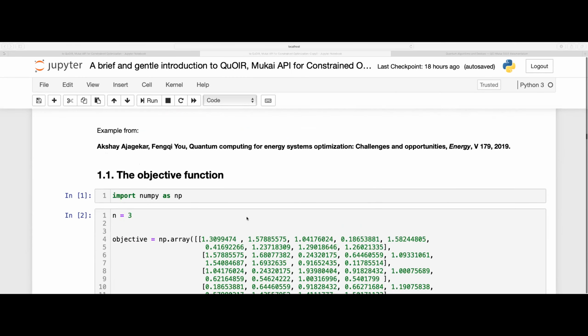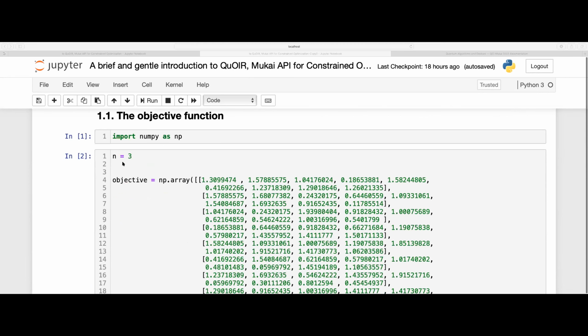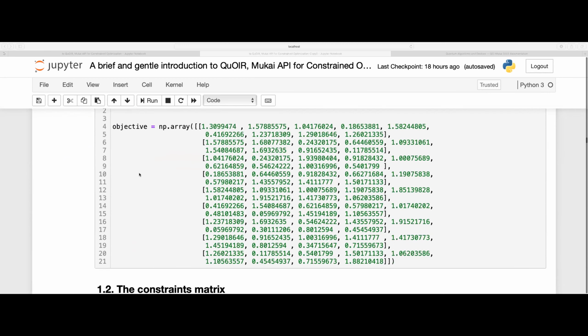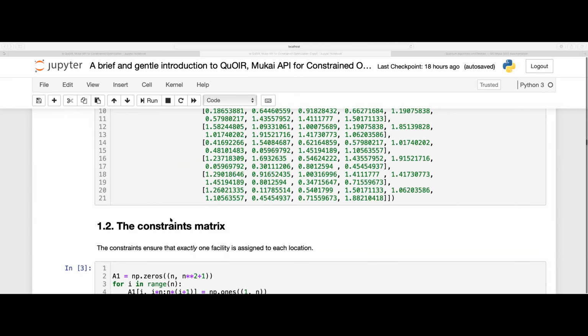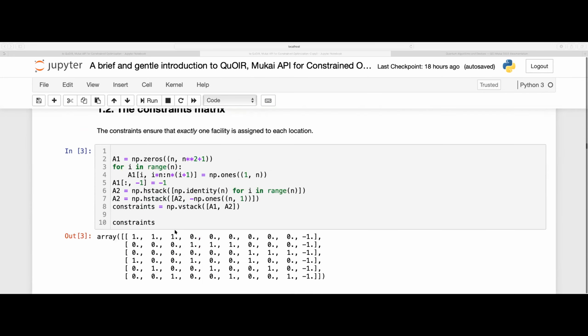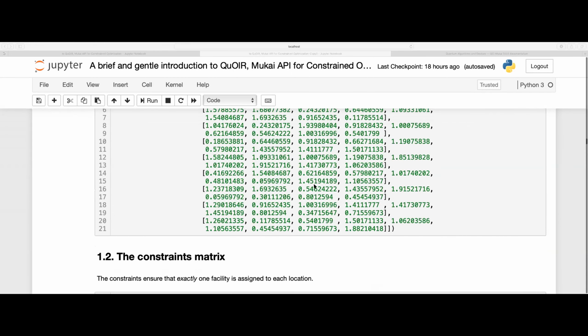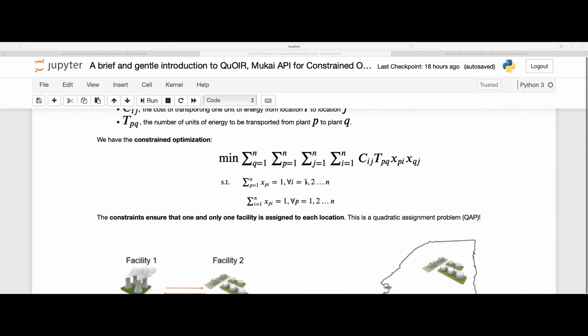So for example, when n is 3, n being the number of plants, the objective function is a 9 by 9 matrix. And the constraints come together and form a 6 by 10 matrix. 6 because we have 6 constraints, and 10 that's 9 plus 1 because we append the right-hand side of constraints.